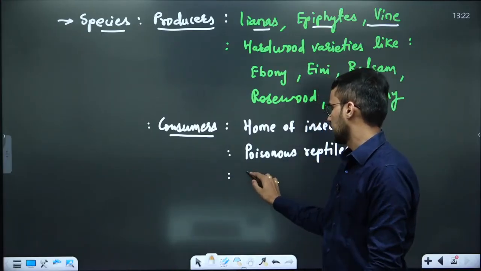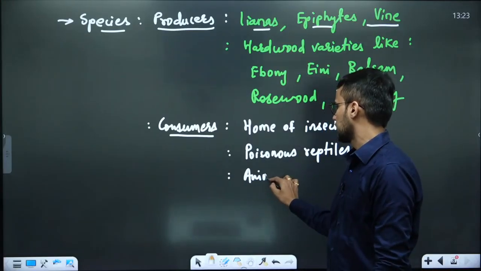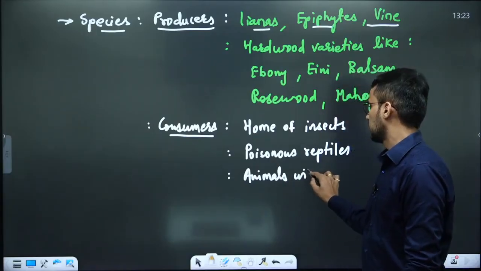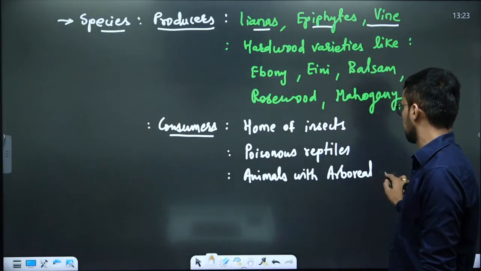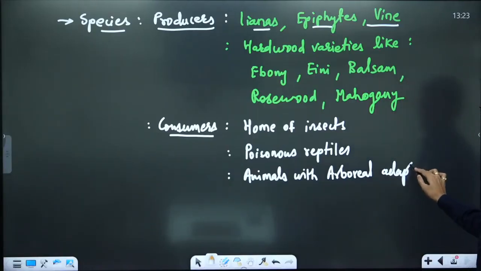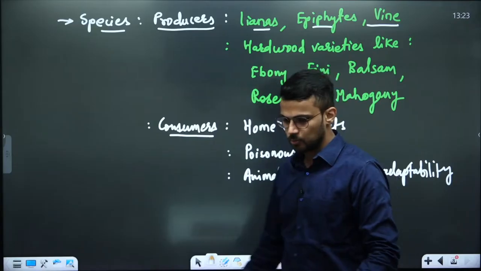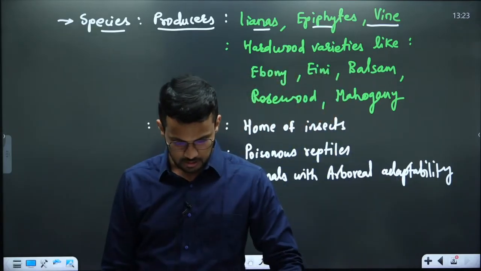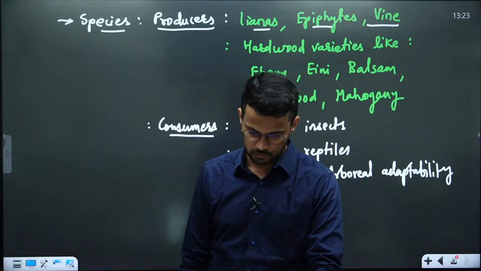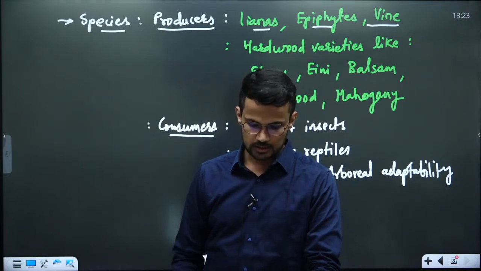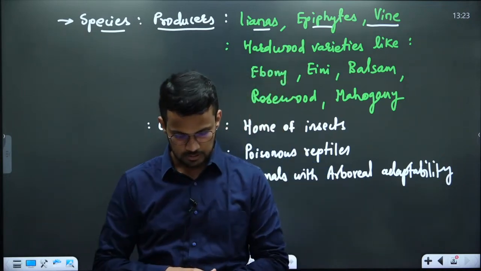Next, animals with arboreal adaptability. Animals with arboreal adaptability are also there, right? Tree dwellers, which we have already referred to. Gorillas, monkeys, squirrels.